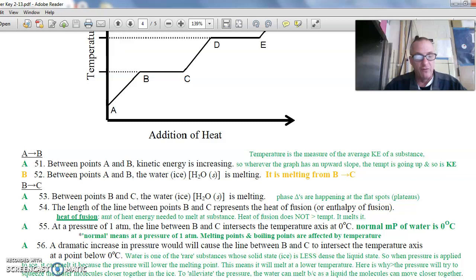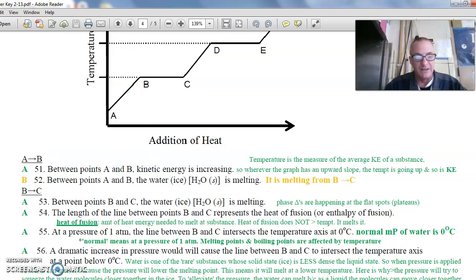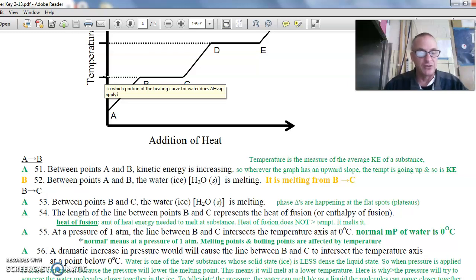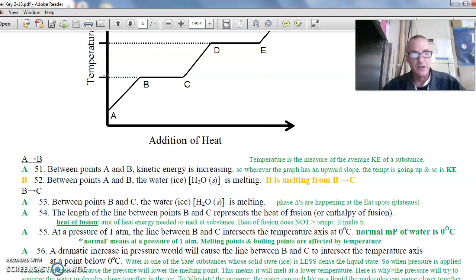At a pressure of 1 atmosphere, the line between B and C intersects at 0 degrees. So here's the line between B and C. We're going to bring it over to the axis, and they're asking what temperature it would be at a pressure of 1 atmosphere. Well, 1 atmosphere is the pressure that they use to list the melting and the boiling points of a substance.